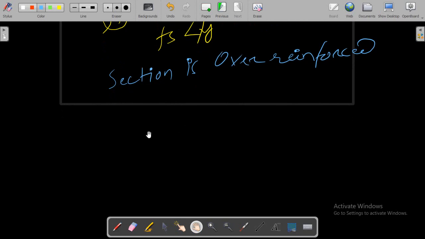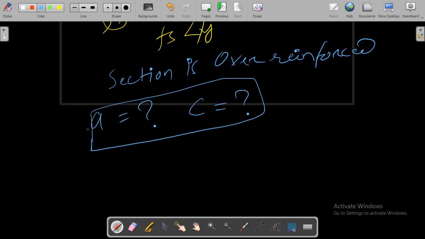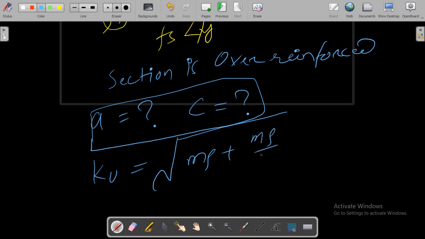and to cover the rest of the question, we have to repeat again the value of a and the value of c. Now this is important. I have already discussed how we can proceed in my previous parts. We will calculate the value Ku, and we know the equation for Ku, that is (m times rho) plus (m times rho divided by 2) squared, minus m times rho divided by 2.